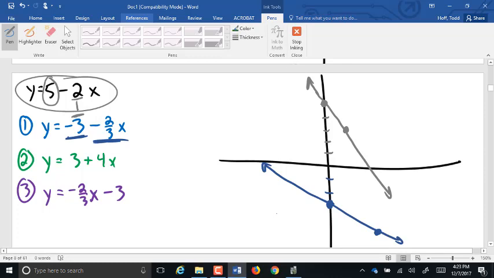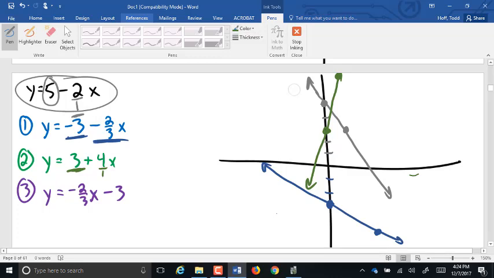The second one, where are we going to start? +3 right there. Now the slope of 4, we make it a 4/1. Then what? Up 4/1. There's our second point. So obviously that's a pretty steep line.